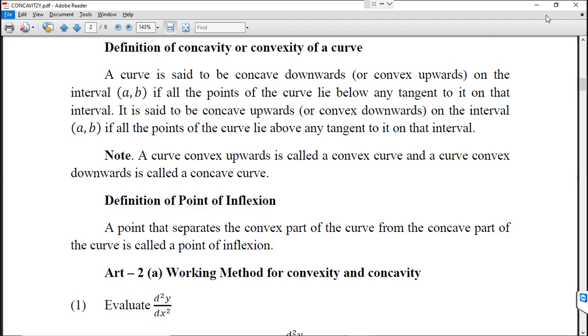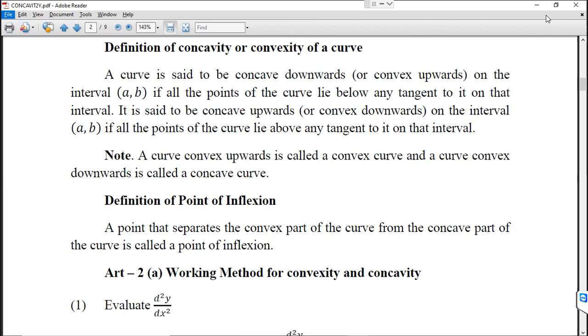So let's start with the definition of concavity and convexity of a curve. A curve is said to be concave downwards, or we can say convex upwards, on the open interval (a, b), if all the points of the curve lie below any tangent to it on that interval.